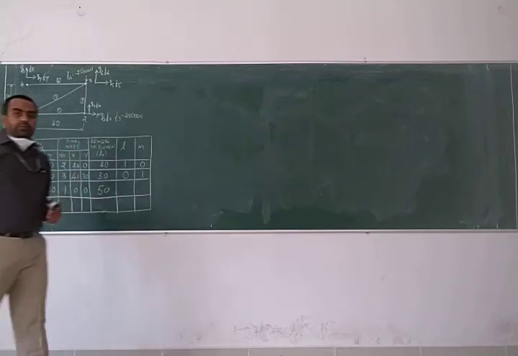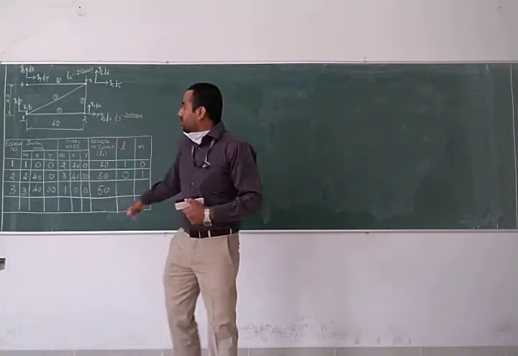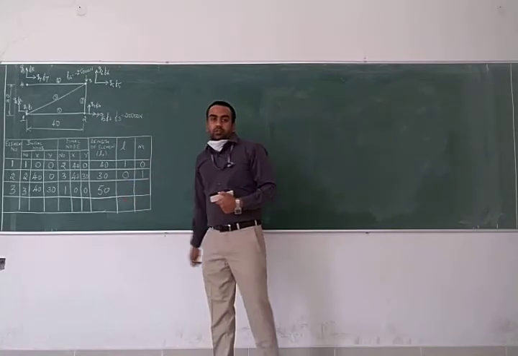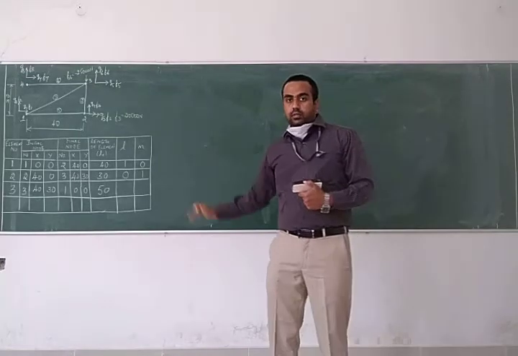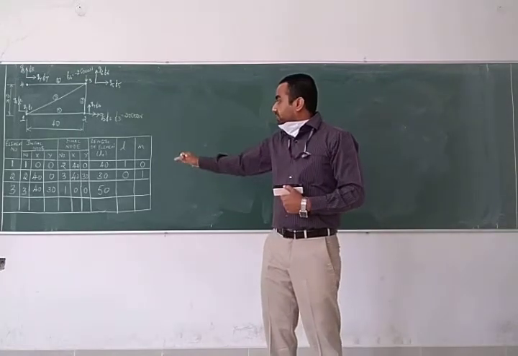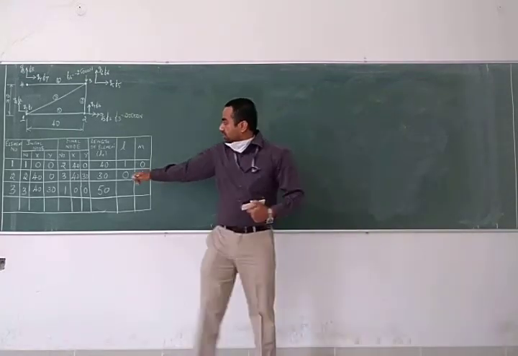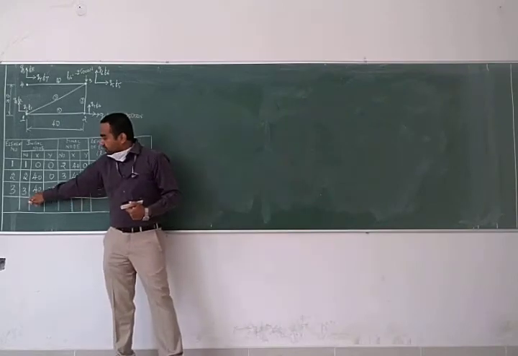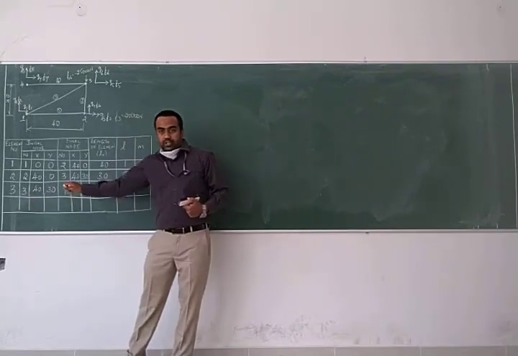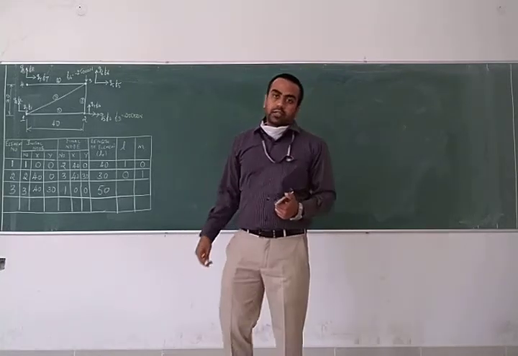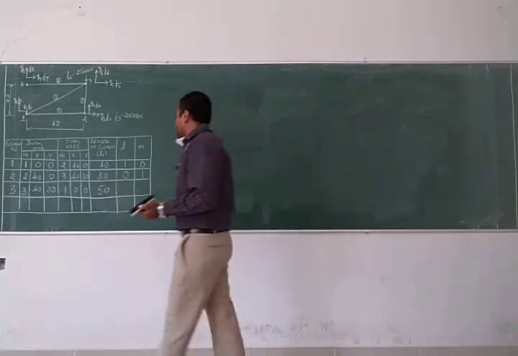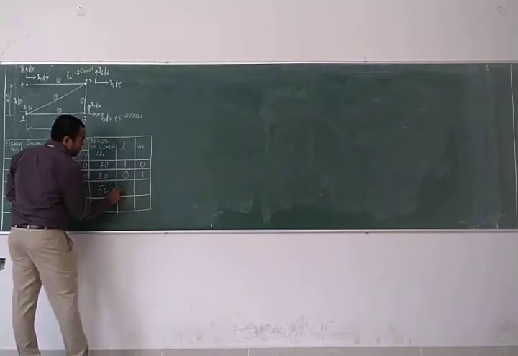Now value of L. L is x2 minus x1, or x final minus x initial, divided by length of the element. X final value is 0, x initial value is 40, 0 minus 40 divided by 50. So minus 40 divided by 50 will give you minus 0.8.